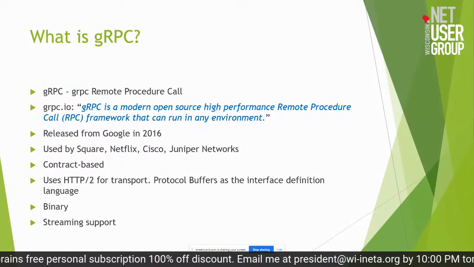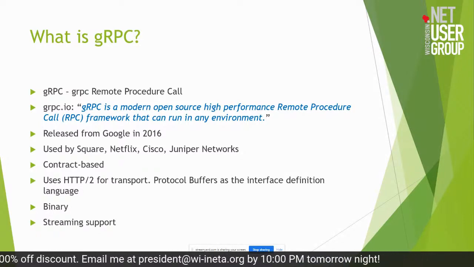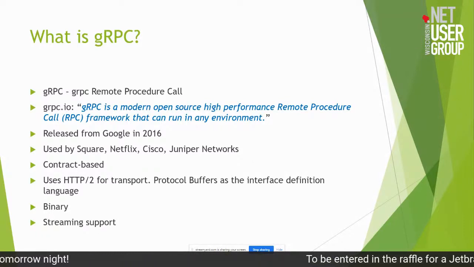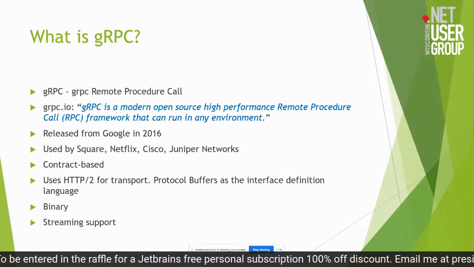And to quote gRPC.io, gRPC is a modern, open source, high performance remote procedure call framework that can run in any environment. It was released by Google in 2016, so it's pretty new technology. And some of the early adopters of gRPC include Square, Netflix, Cisco, and Juniper Networks.